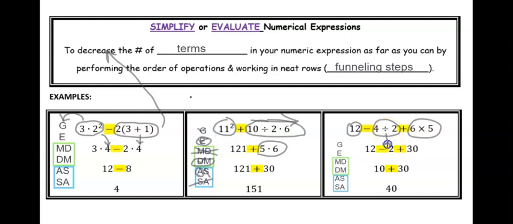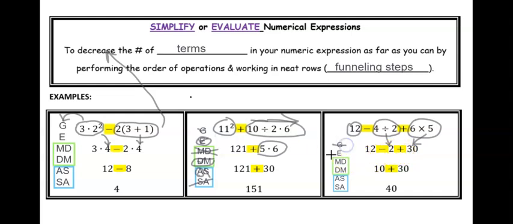4 divided by 2 is 2. That's one operation, so you don't need the order of operations there. It tells you to divide. And then there's only one operation here, so we're going to multiply. So we get 12 minus 4 divided by 2 is 2, plus 6 times 5 is 30. Now that we have these down to numbers, we know exactly what we're going to subtract and add together.